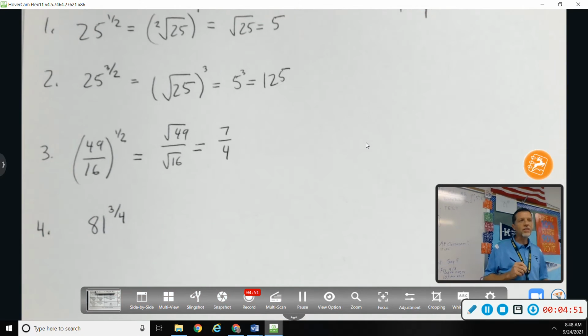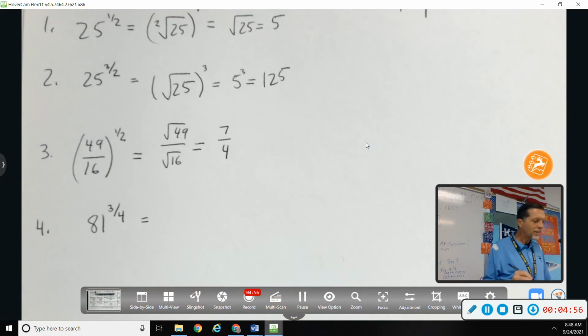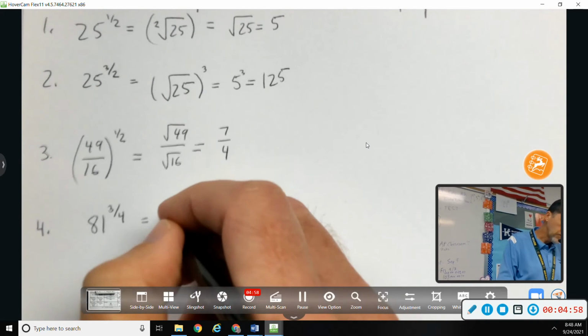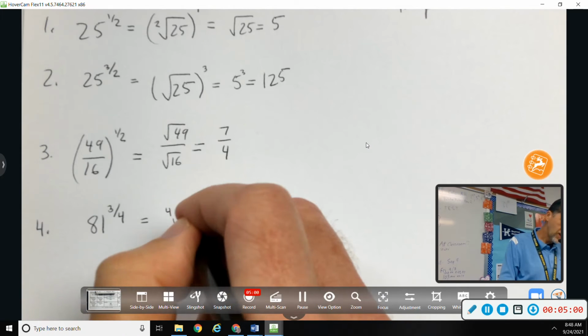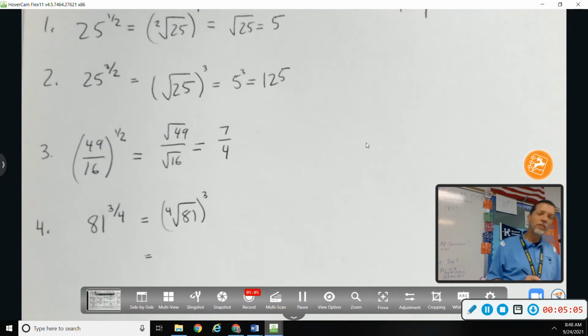81 to the 3/4. 9. No, hold on, let's write it out first. We're going to fourth root and then cube that. So the fourth root of 81. Well, if we're asking you to do these without a calculator, it's going to be an integer, not a weird number.